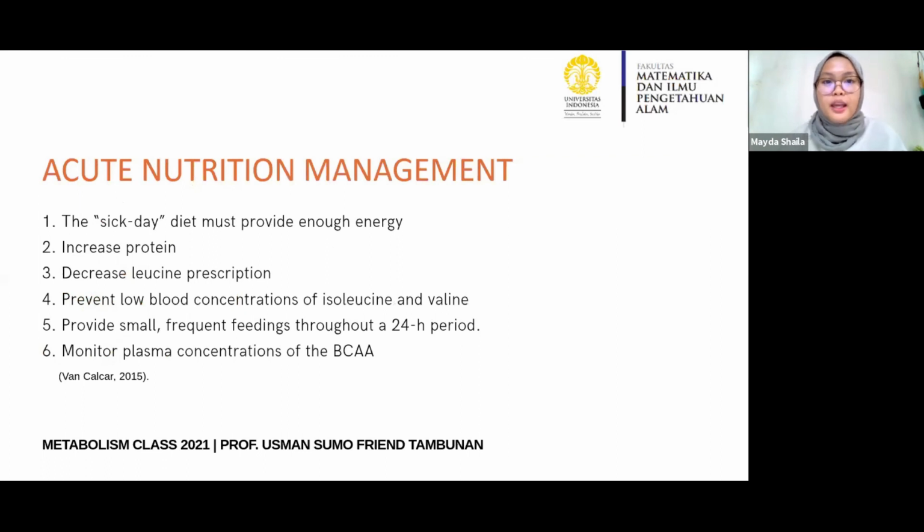Symptomatic MSUD in a neonate is a medical emergency and requires the immediate initiation of nutrition support to reverse catabolism, and non-protein calories are provided by peripheral or central line access. And this is the acute nutrition management, the sick day diet for patients with MSUD.